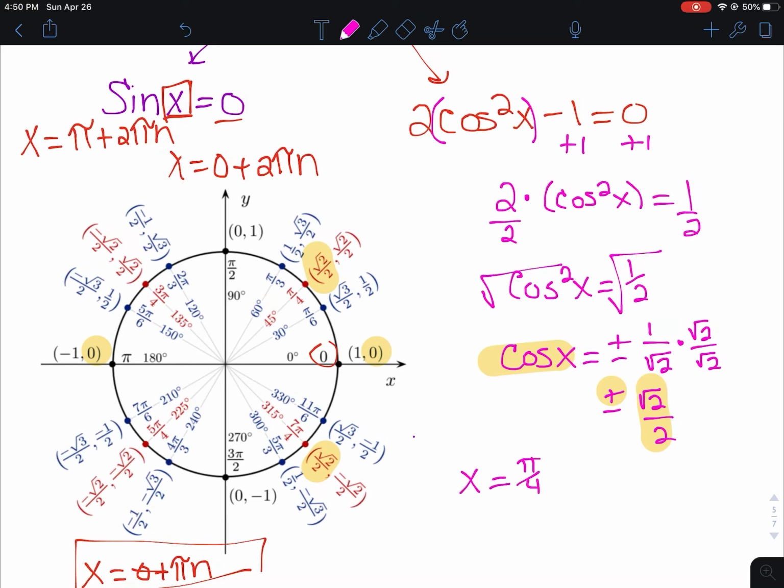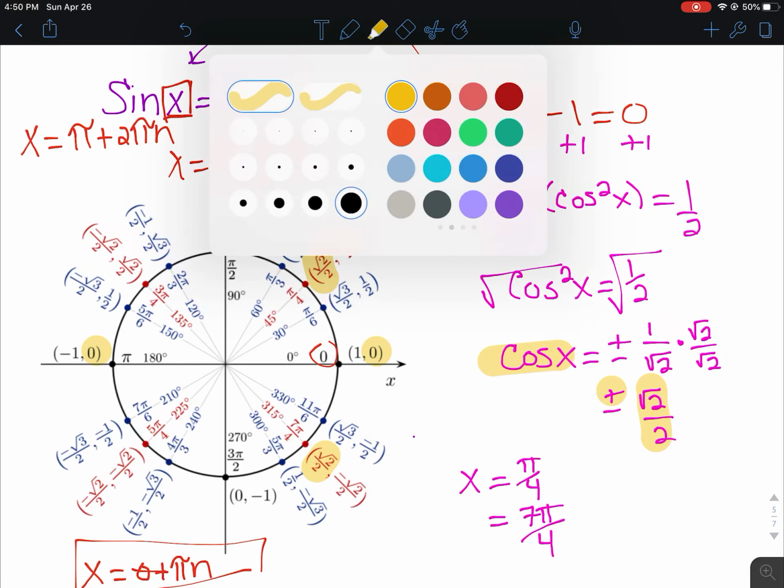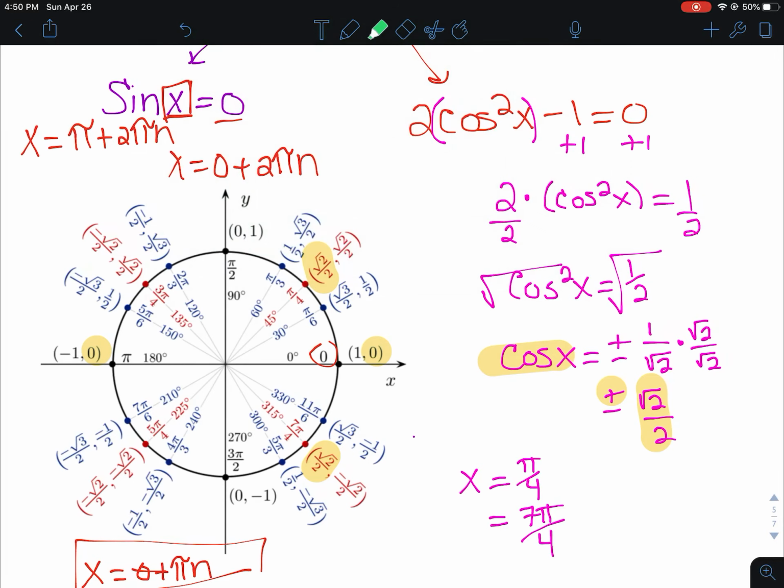So first two answers are pi over 4 and 7 pi over 4. And then the other, where we have negative square root of 2 over 2, is going to be here and here. So 3 pi over 4, oops, and 5 pi over 4.